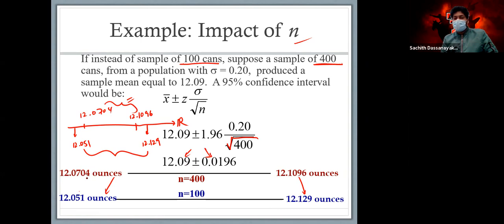Here you get 4 decimals because of this value. Here it is based on this calculation. So if they ask for 4 decimals, keep 4 decimals. Otherwise, if they haven't mentioned how many decimals you need to keep, like 2 or 3, that's fine. There is no problem with that.